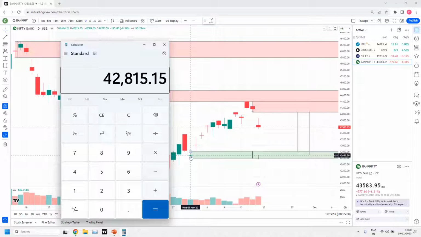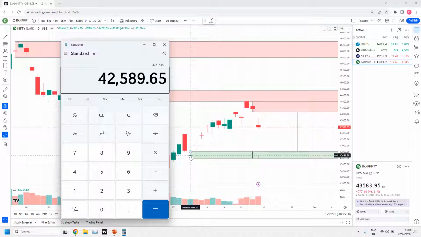So minus, what is the low value? 42,589.65.